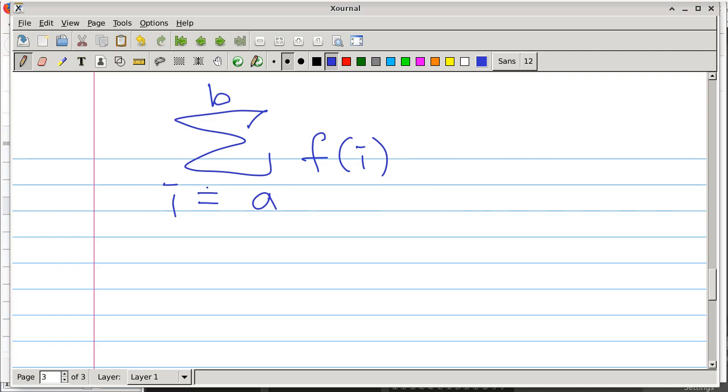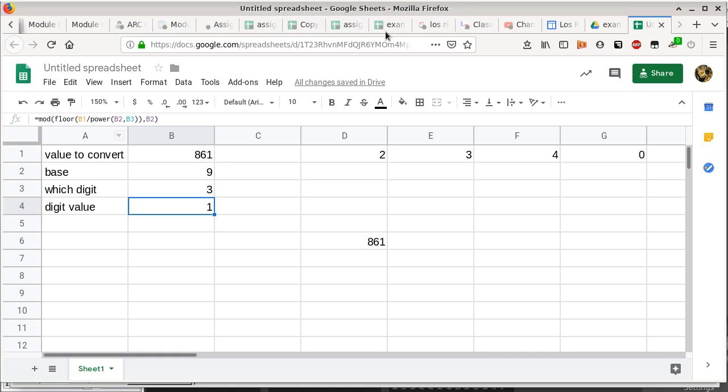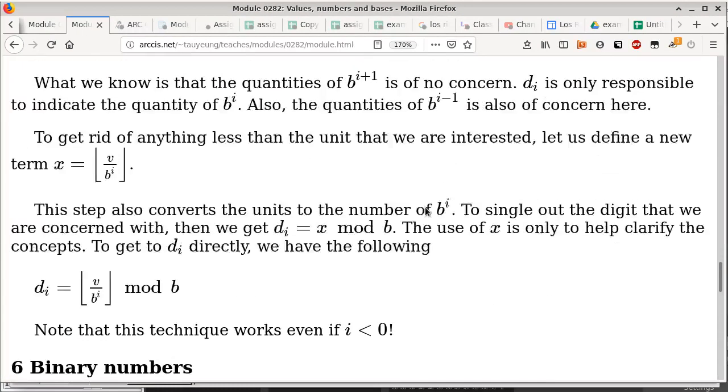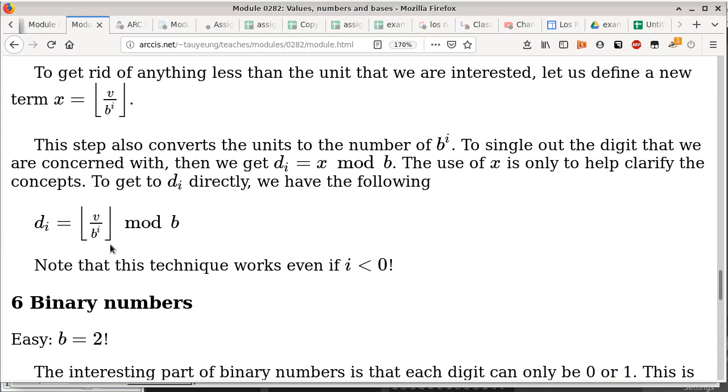So now let's get back to the notes. The equation that I just entered into the spreadsheet is really just the spreadsheet version of this.